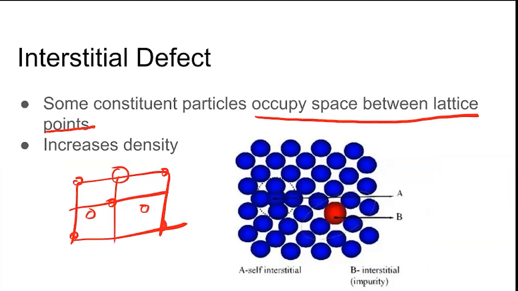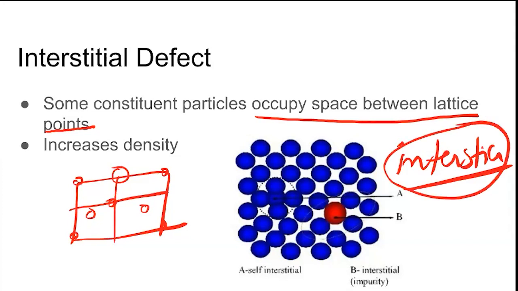These are called interstices. This is the root word. Interstice means what? Interstellar, there is a movie called Interstellar. What does this word mean? Space between. A space in between. Yes, a space in between.